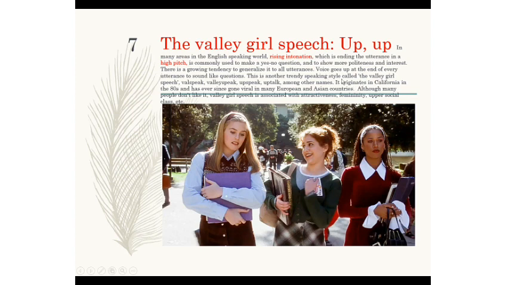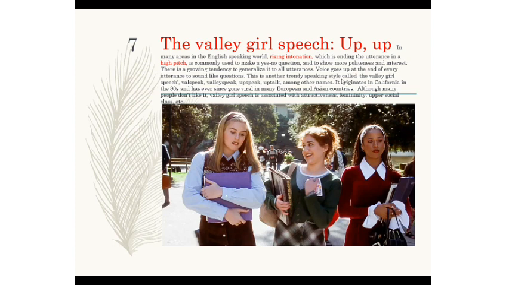Let's see. The voice goes up at the end of every utterance to sound like questions. This is another trendy speaking style called the Valley Girl speech, and it has other names such as valley speak, up talk, among other names.